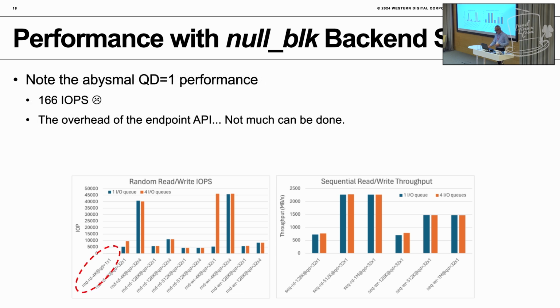There is one thing to notice here, though, which is the QDEPS1 performance. There are actually no bars, because for the scale of this thing, you can't see them. What you get is 166 IOPS max. That's the best I could ever get. And why? Well, it's software.